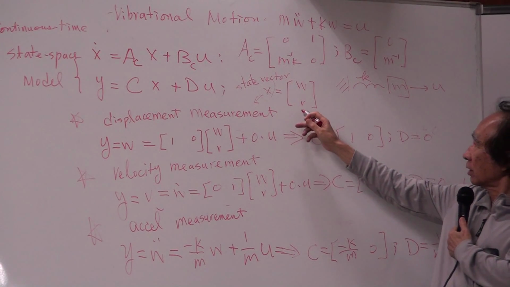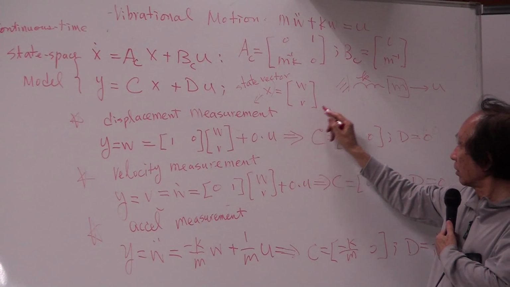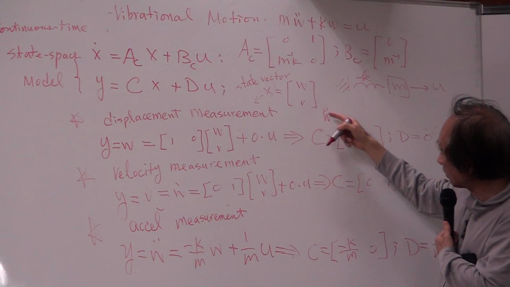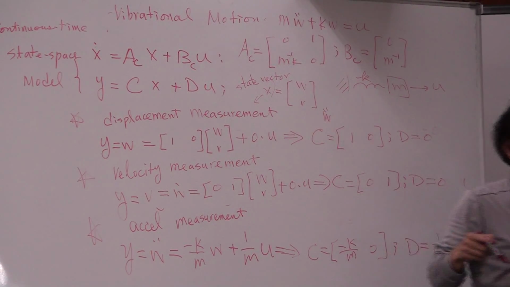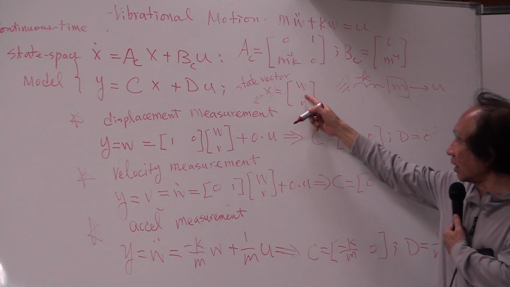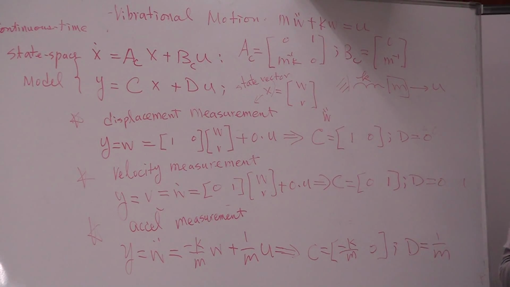How come my state doesn't include the W double dot? So only W dot is in there. Why?